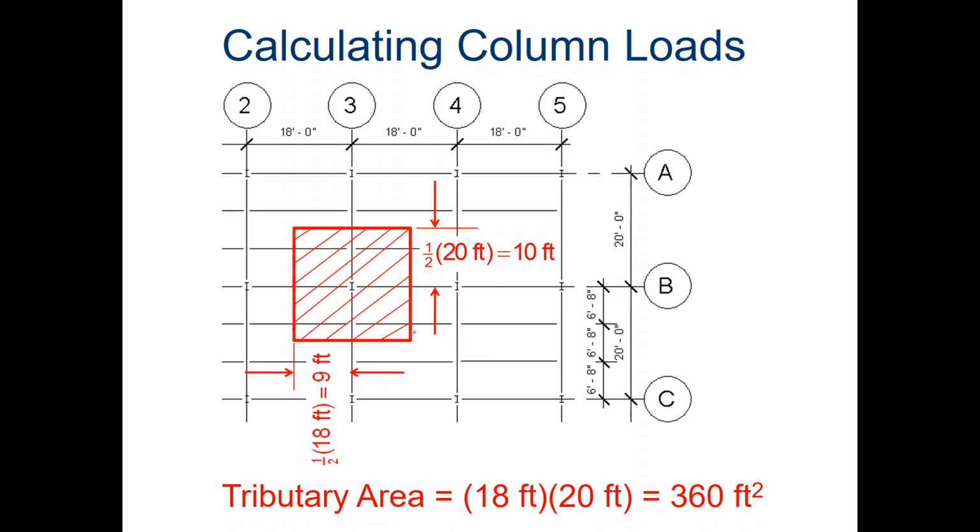So half of 20 plus half of 20, but then times 2, that would be the one dimension of the tributary area, and the other one would be basically 18. Half of 18 plus half of 18, so 18 in this direction. So that's how you figure out the tributary area of these interior features.